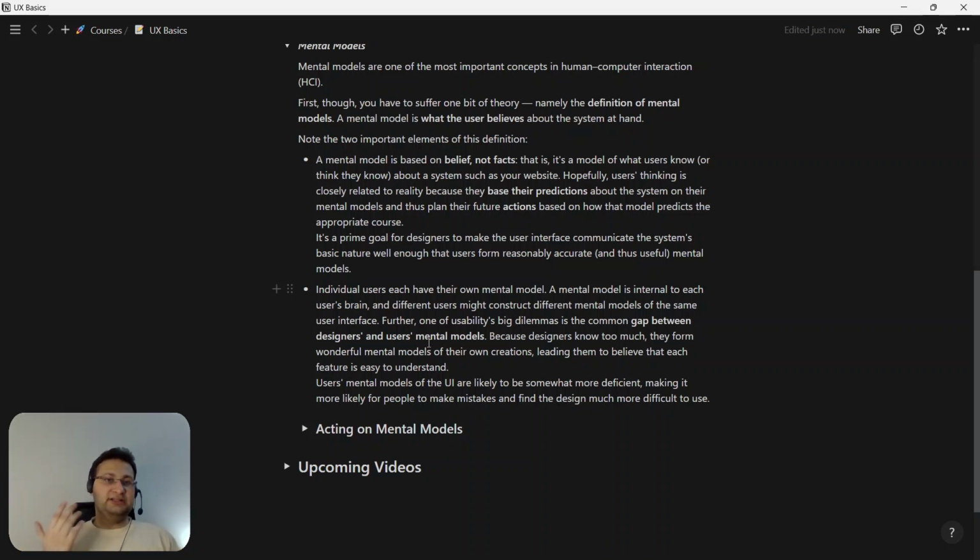Until you appreciate that individual users have their own mental models, which may be vastly different from each other and from how a designer's mental model works, you won't address it.